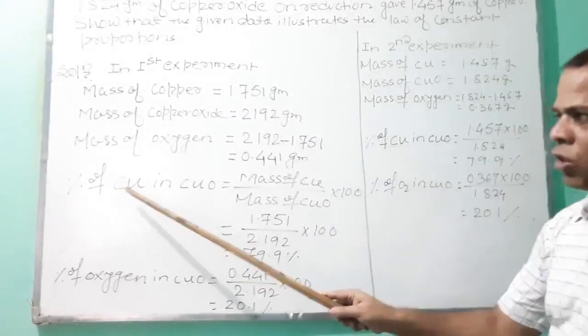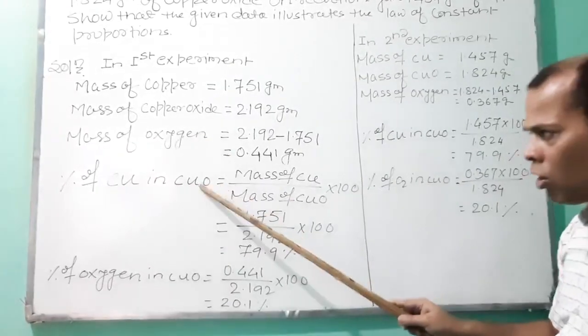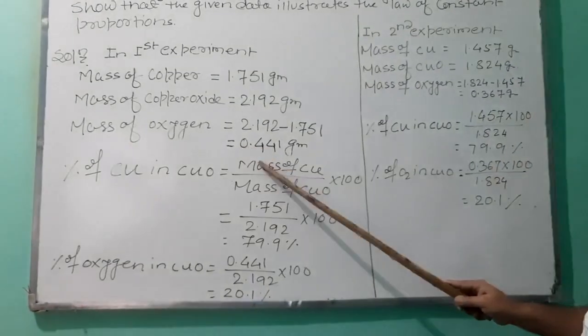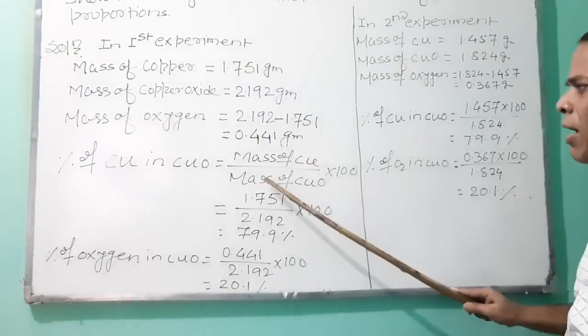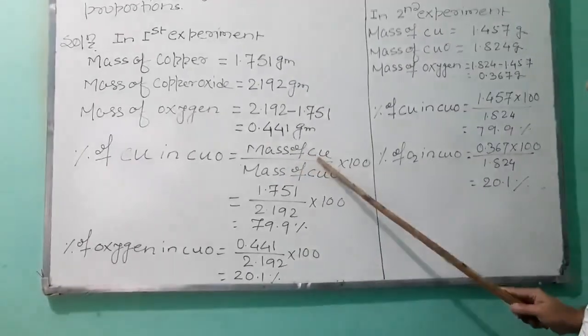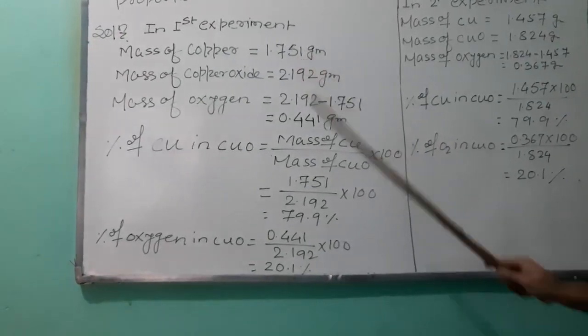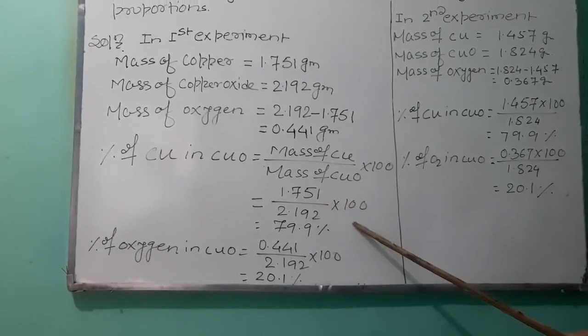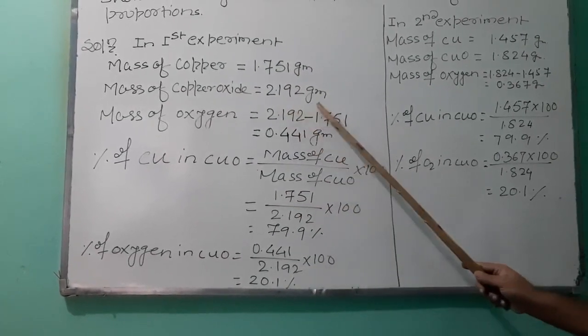Now, percentage of copper in copper oxide equals mass of copper by mass of copper oxide into 100. We have mass of copper 1.751 into 100 by mass of copper oxide.